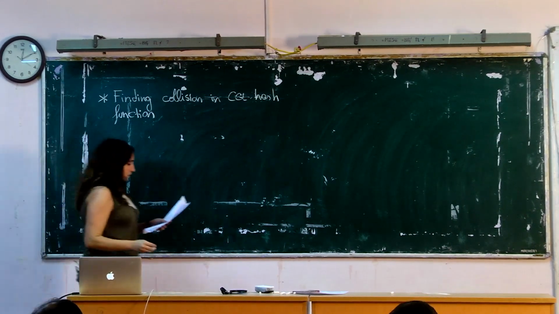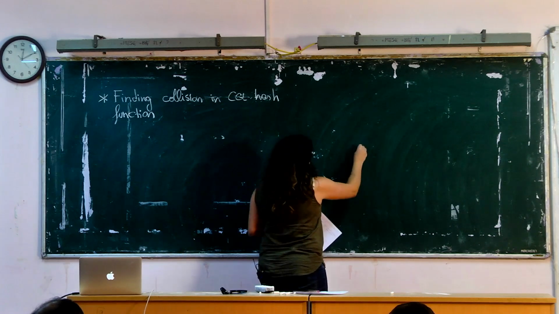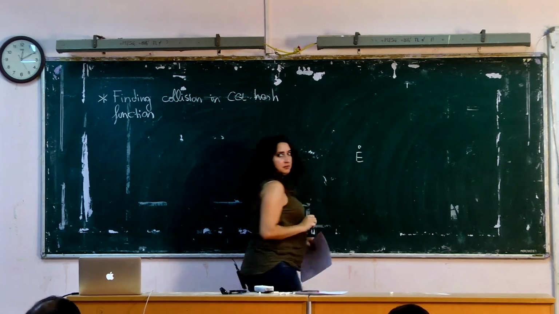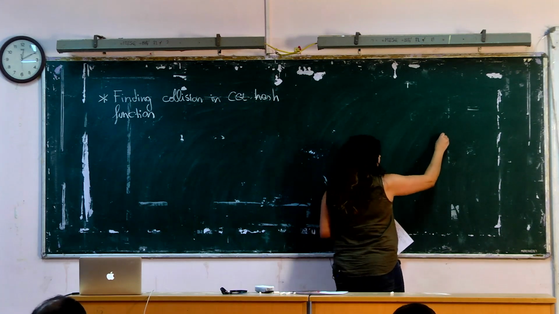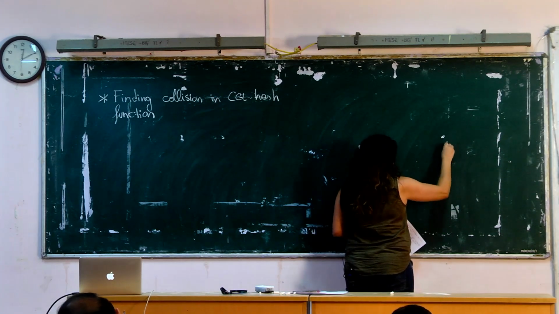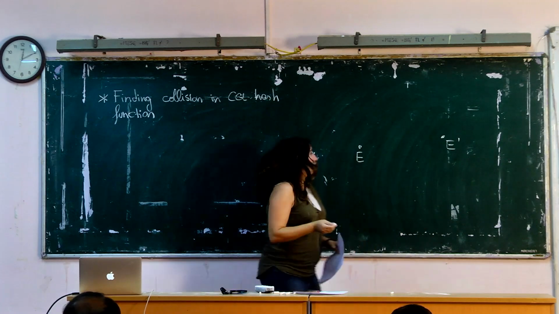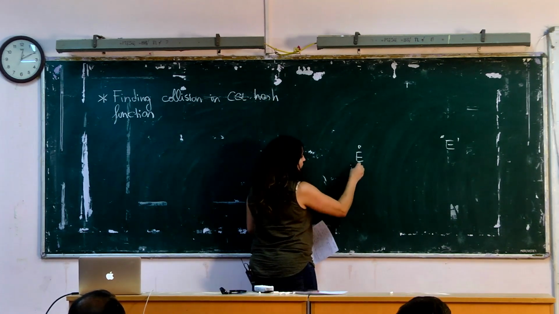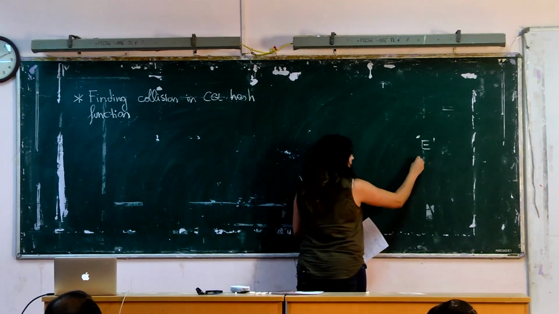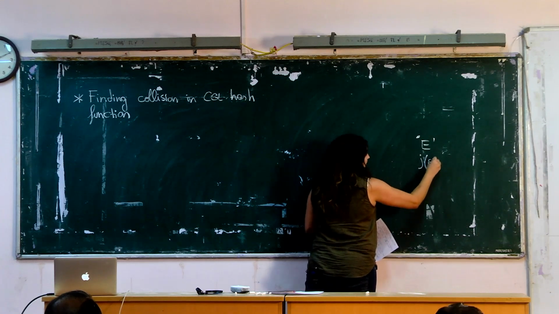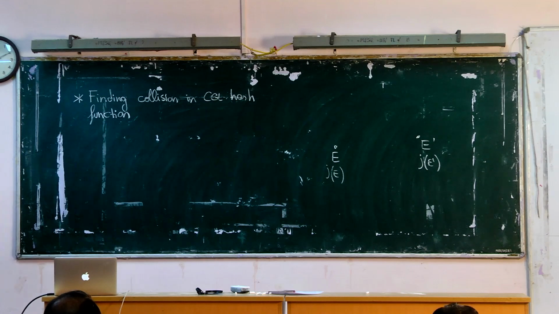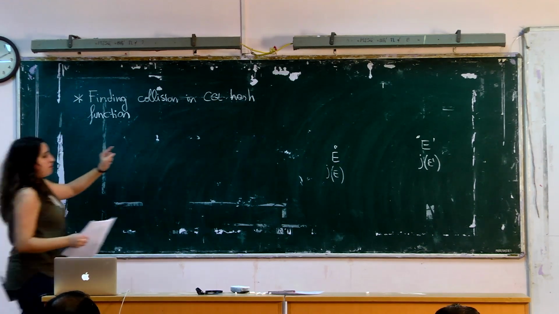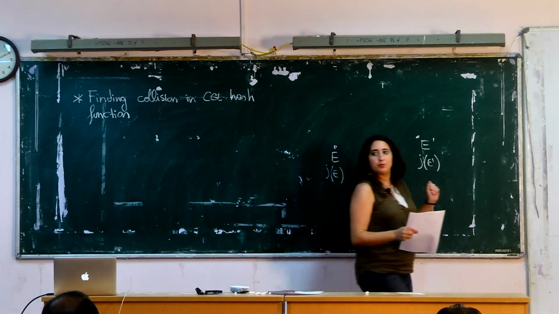So I start from a given curve E, and I have my output here, E prime. You can see it as an elliptic curve or as a j-invariant, it is equivalent. What does it mean to have a collision here? It means to have two different inputs that map to the same output.